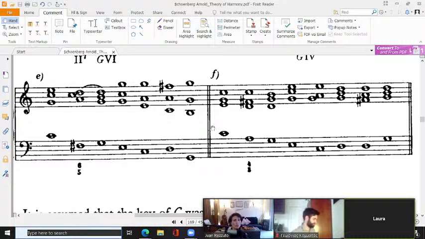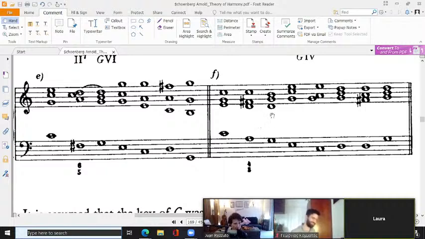That's all in C major. Now, interpretation from the G major point of view: 4, 5. 5 in 4, 3, so second inversion.